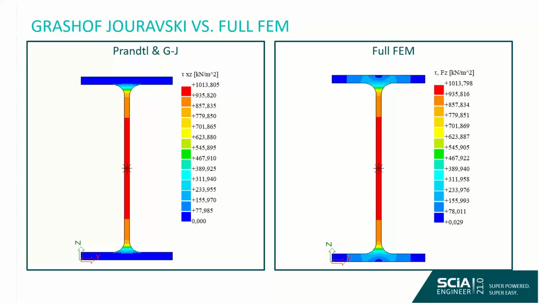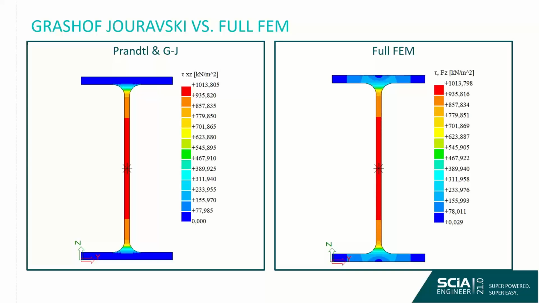So, comparison between Prandtl-Grasov-Juravsky, the old method, and the full FEM. As you can see here, for this I section, the difference is really, really small. The highest stress value is approximately the same. The difference is like 2 points behind the comma.